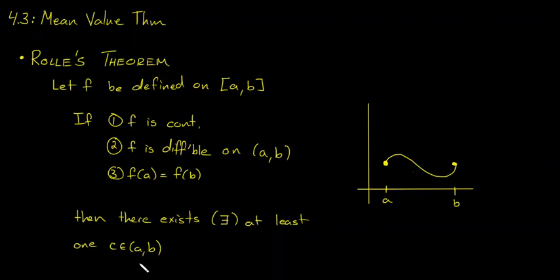Everybody remember that notation? If those criteria are met, then there exists at least one c in this interval such that f prime of c is equal to what, do you think? 0. This is Rolle's theorem.